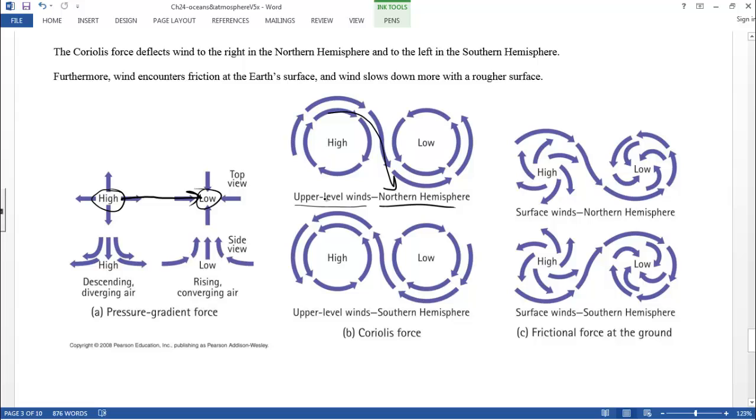Now if you're at the surface, then you also have to contend with frictional forces of the ground. The wind is going to be dragged on by the ground, by buildings, by valleys and mountains and so forth. And so the winds are actually going to be deflected in all sorts of different directions, kind of to the right because of the Coriolis effect. And that's going to determine how the wind blows.